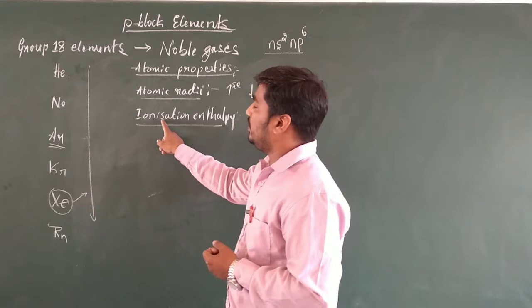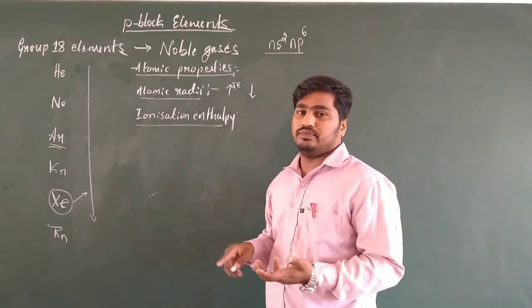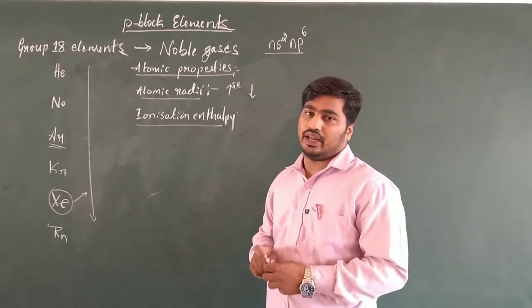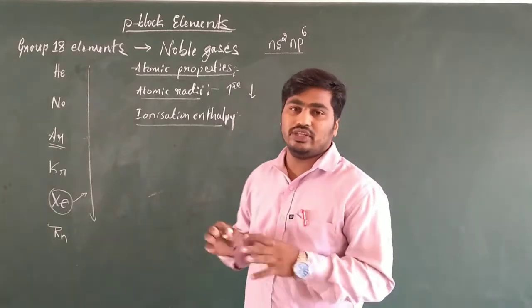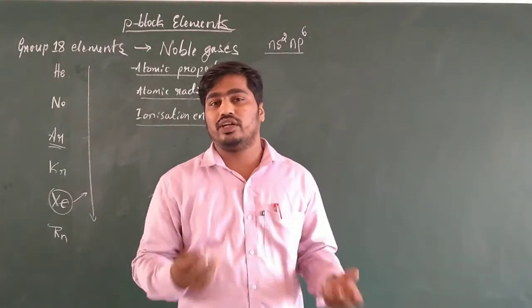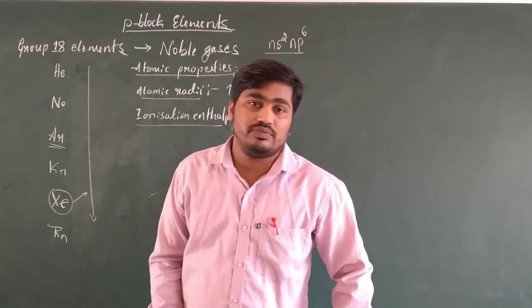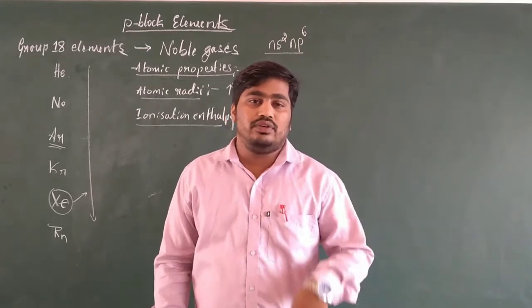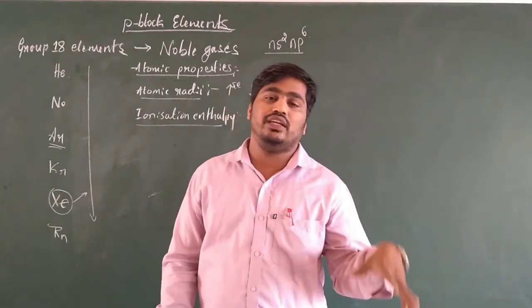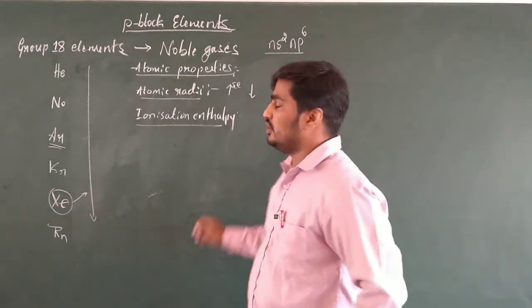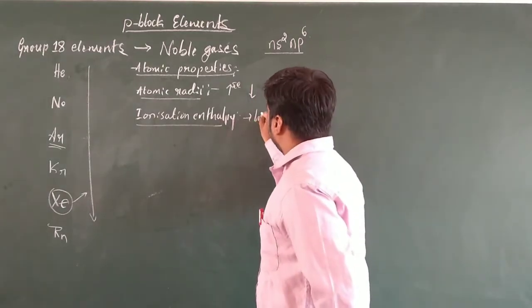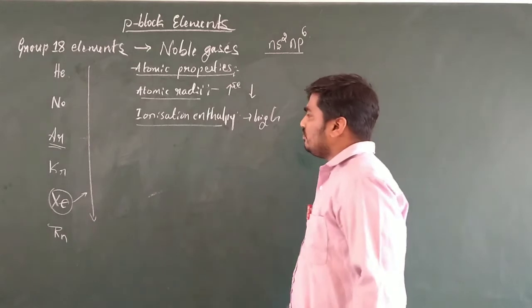Removal of an electron being difficult means the ionization enthalpy is very high, or removal of an electron is not possible. Because of that, we generally call it a high ionization enthalpy.